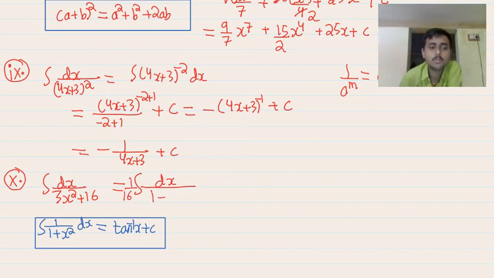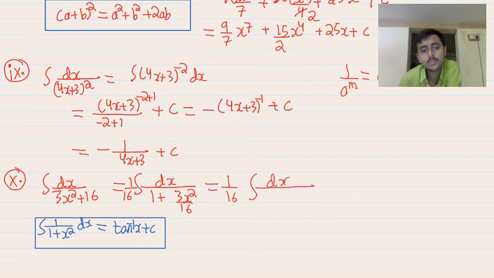So this becomes 1, this becomes 3x square, this becomes 16. So this can be written as 1 by 16 times integration of dx with respect to 1 plus (root 3 upon 4 x) whole square.